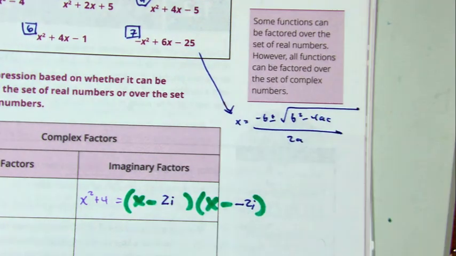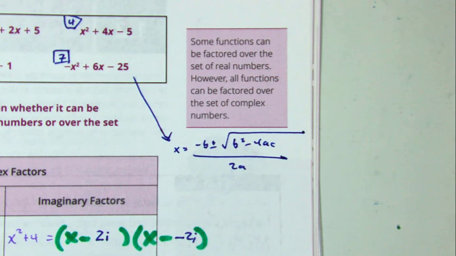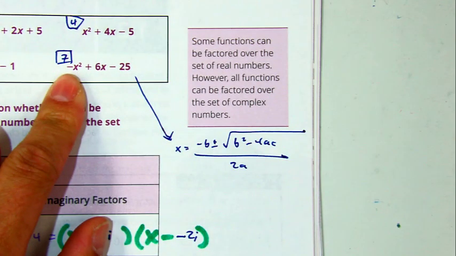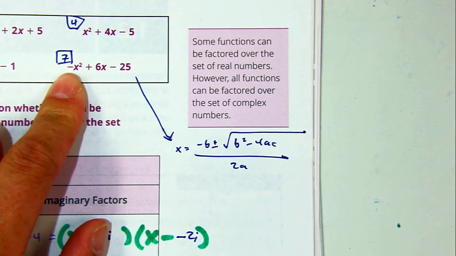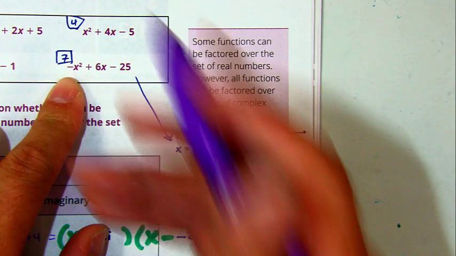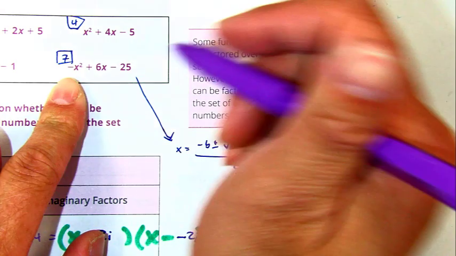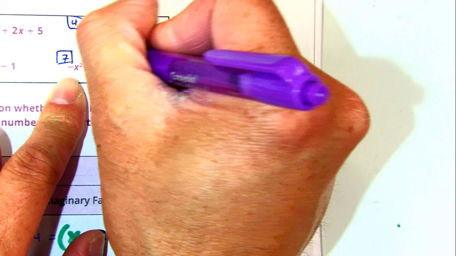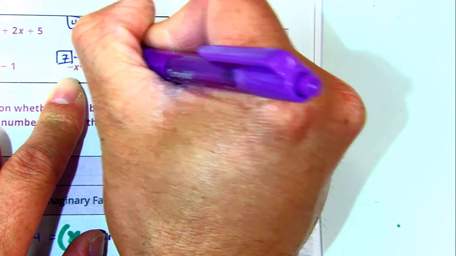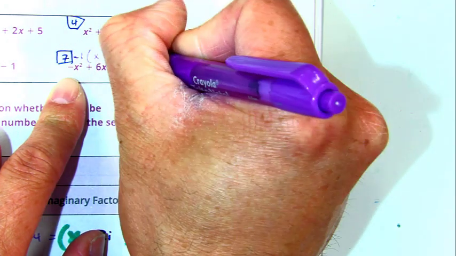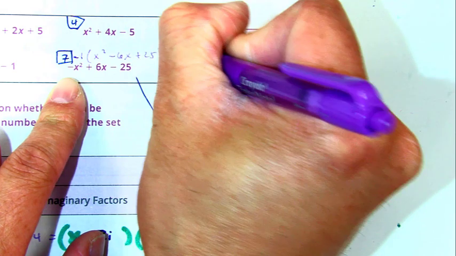Alright, so for question number 7, you could try to factor this, and some of you got stuck trying to factor, because a couple of problems actually do work by factoring. If I factor out a negative 1, I get x squared minus 6x plus 25.